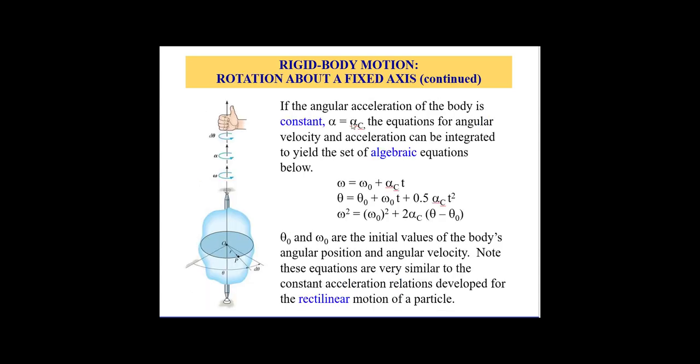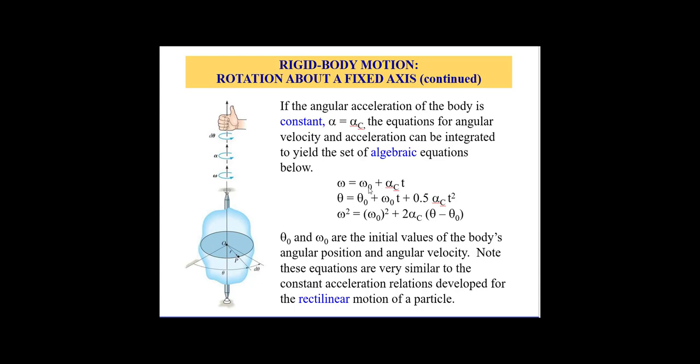Now, if the angular acceleration is constant for a system that is undergoing rotation about a fixed axis, then we can use the equations of motion to relate the velocity to time and acceleration and position, using these three equations that we already derived for particles in chapter 12, with the difference that omega here is the angular velocity, while in chapter 12 we referred to it as a velocity.